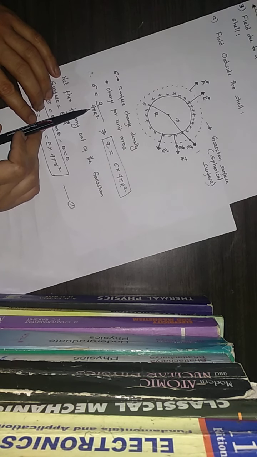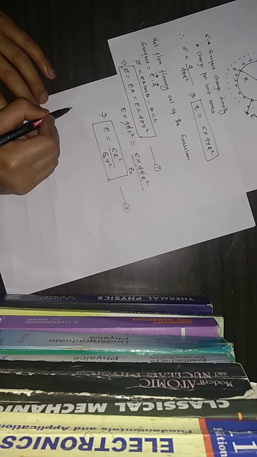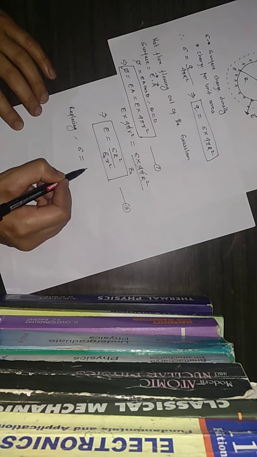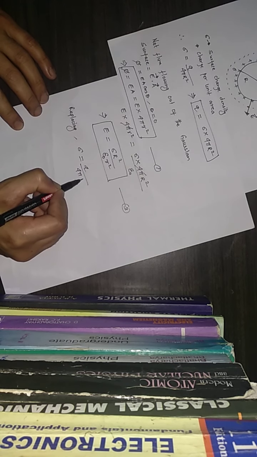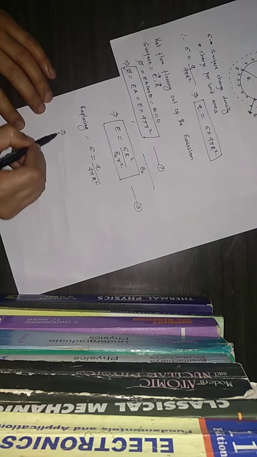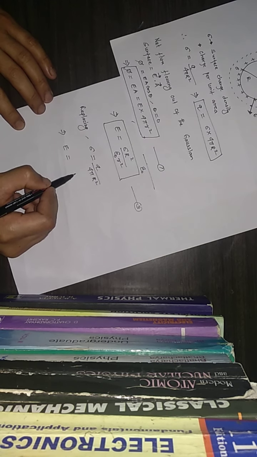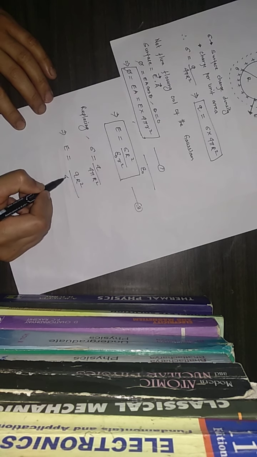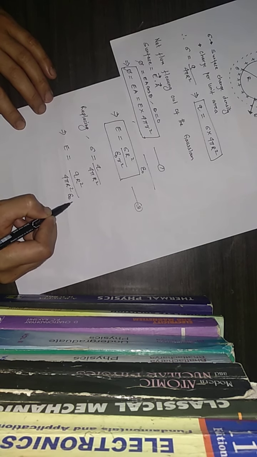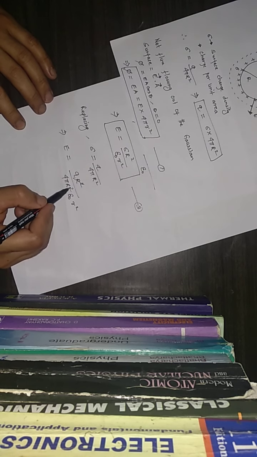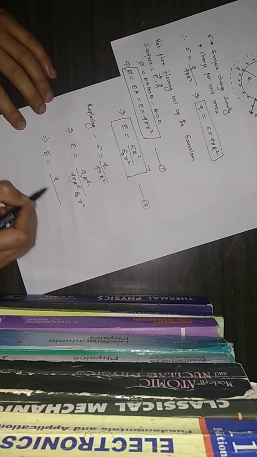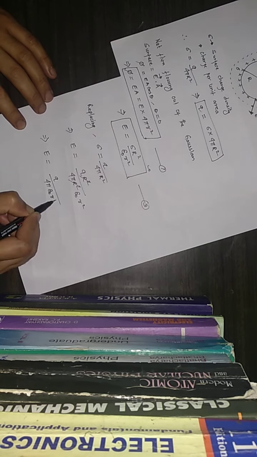So replacing sigma by Q divided by 4 pi R square, I'll get E equals Q R square divided by 4 pi R square epsilon 0 r square. R square gets cancelled. So the value of the electric field will be Q divided by 4 pi epsilon 0 r square.